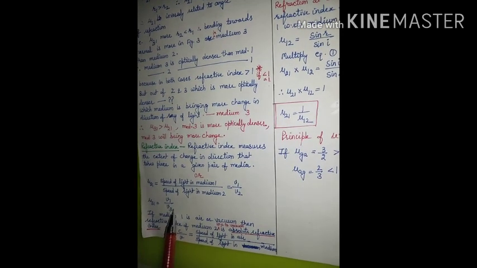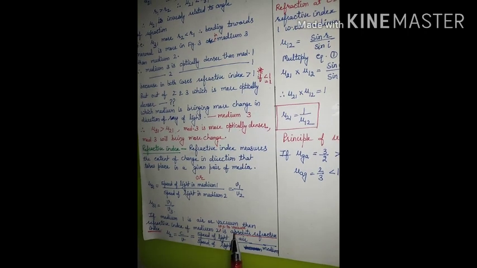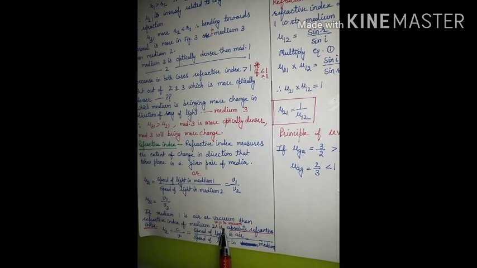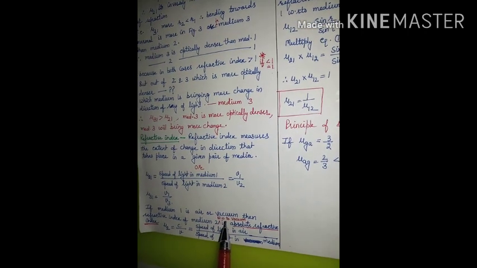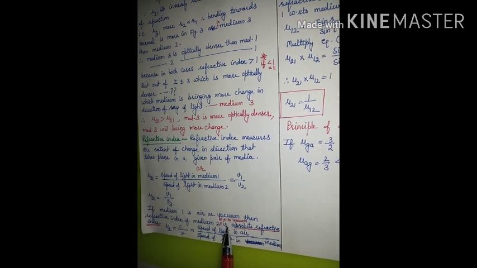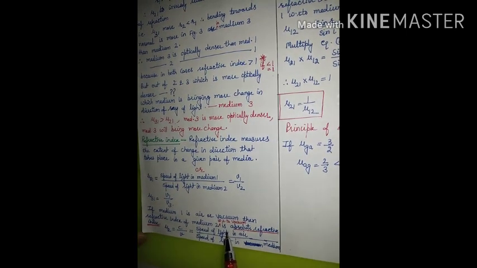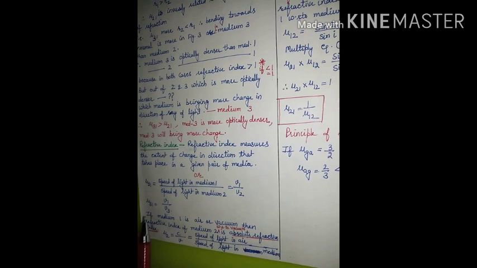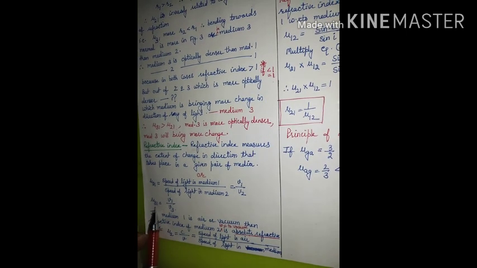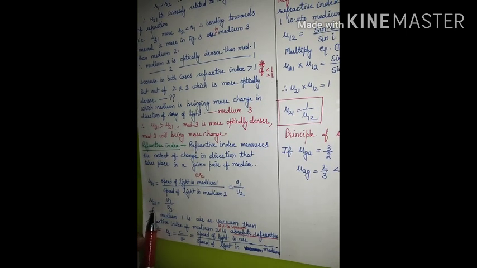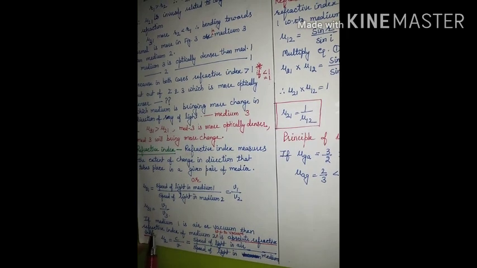Let us consider our first medium is air or vacuum. The speed of light in air and vacuum is almost the same, that is 3 into 10 raised to power 8 meter per second. In that case, this refractive index will be known as absolute refractive index.